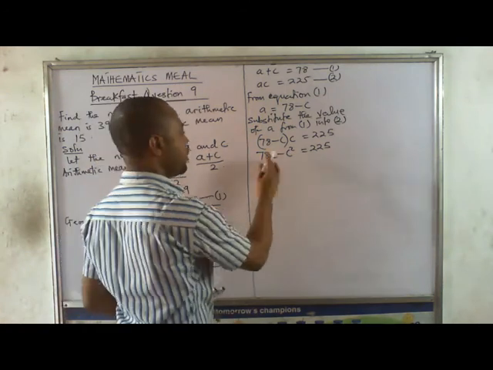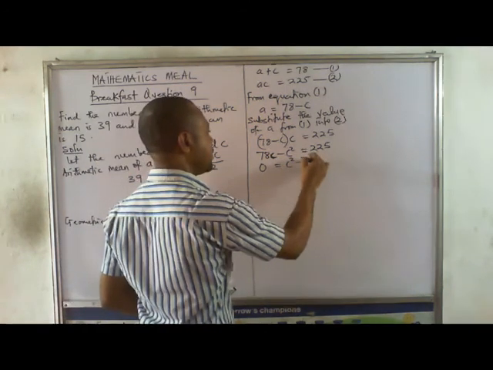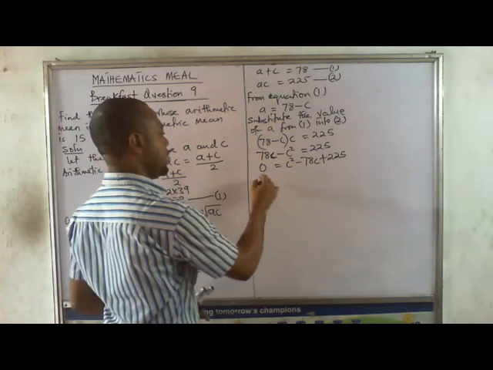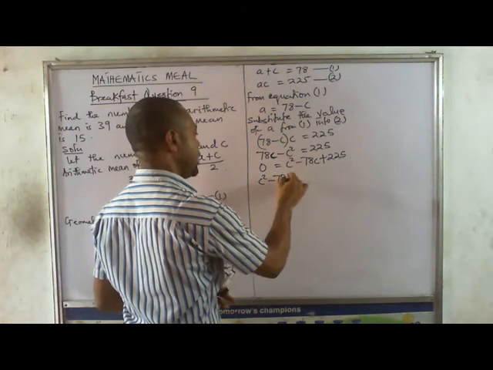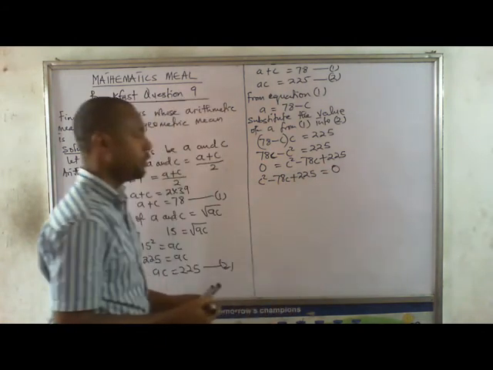Rearranging this, if I push everything to that side, I have C squared minus 78C plus 225 equals 0.